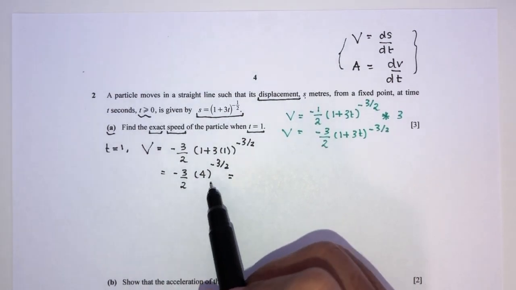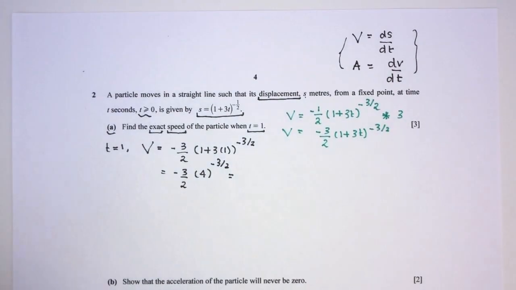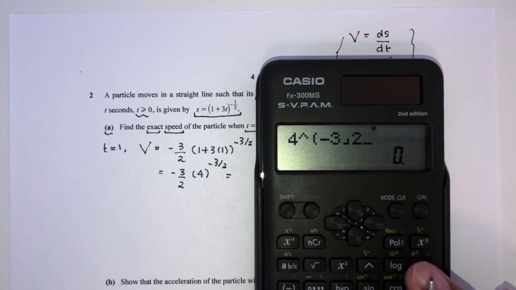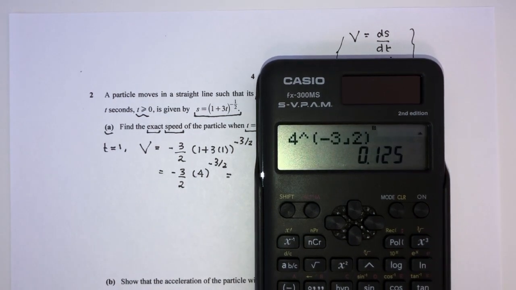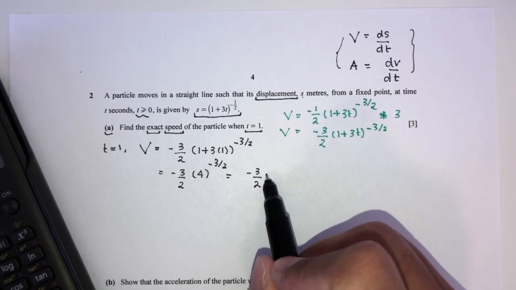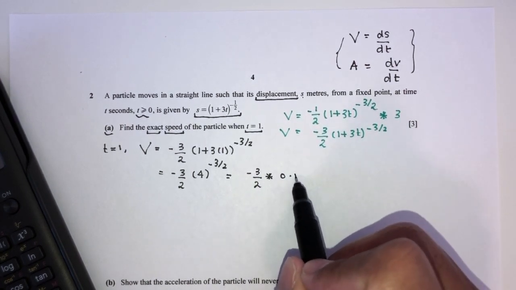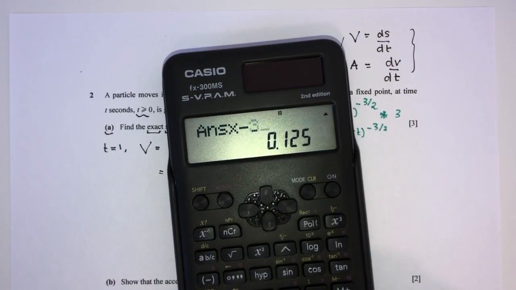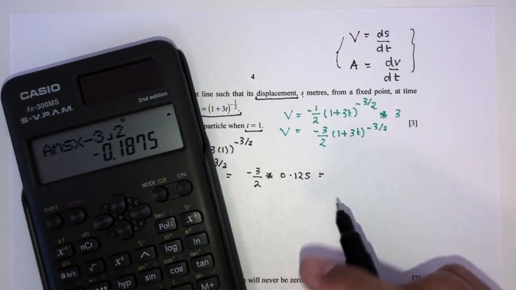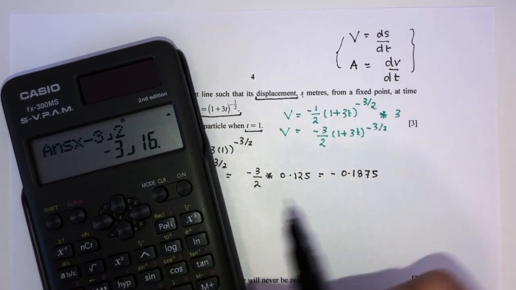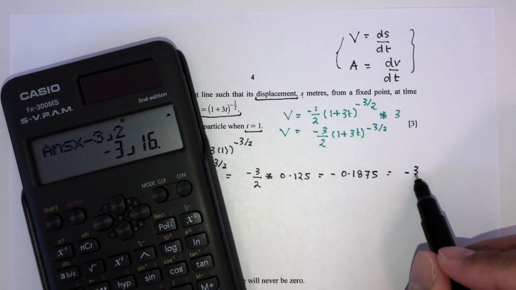It's up to you, you can always express this in your calculator, 4 to the power of minus 3 over 2. That should be 0.125. So your answer will be minus 3 over 2 times 0.125. That will be minus 0.1875, or you can write this as a fraction, minus 3 over 16.